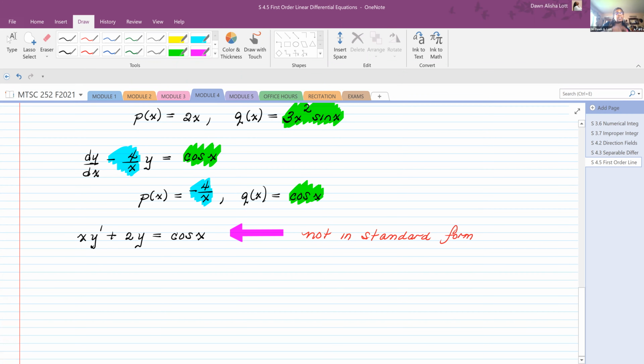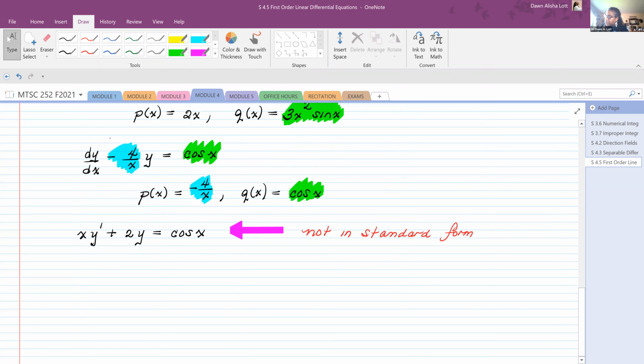But I can put it in standard form by dividing by x. So now I have y prime plus 2 over x times y is equal to the cosine of x over x. And now this is in standard form, and I can see, here's my p of x.